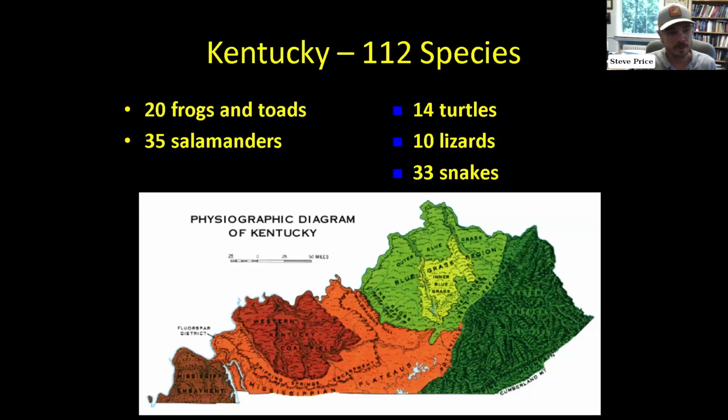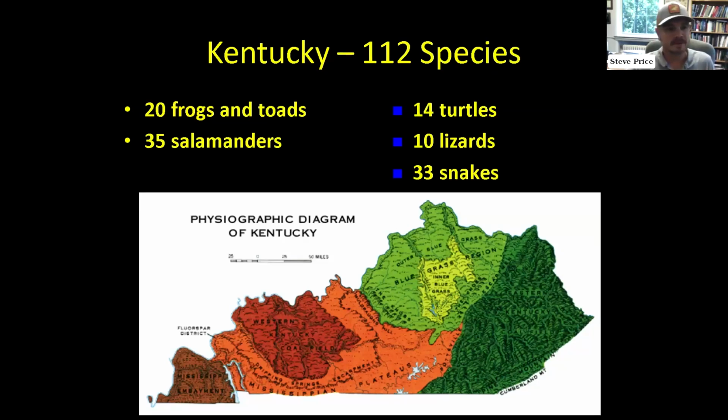In the Jackson Purchase or Mississippi embayment, you have a lot of species that are found in the southeastern coastal plain and work their way up the Mississippi River, and we don't see these species in other parts of the state. And the eastern Kentucky coal fields are kind of our salamander hotspot. So we have a lot of salamanders that are only found in that part of the state.